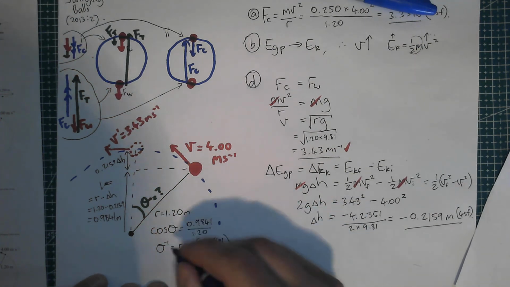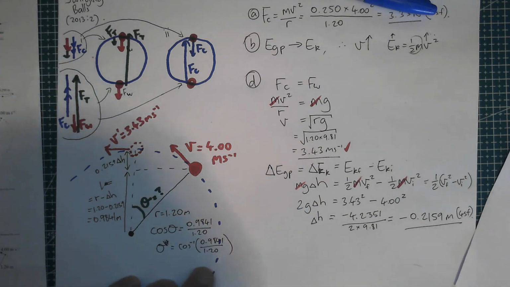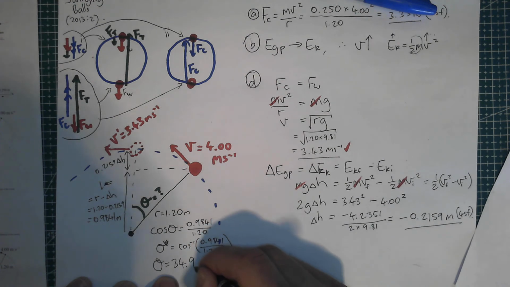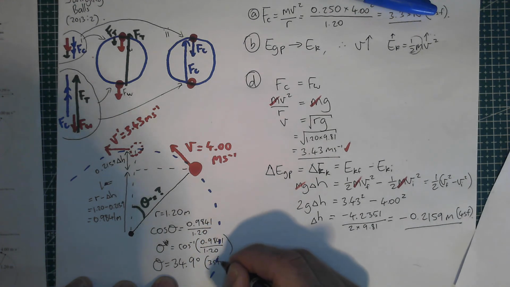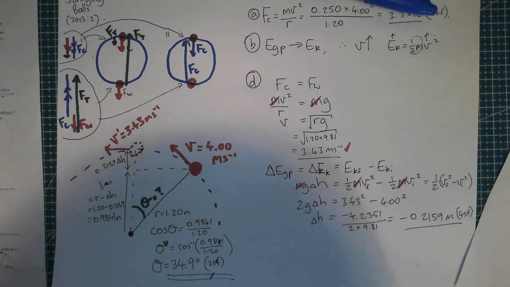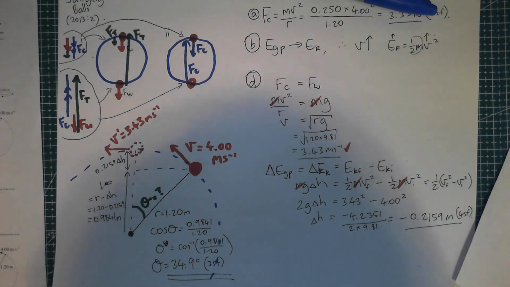If I put all this into my calculator, I come out with an angle of 34.9 degrees to 3 significant figures. Alright, and that's that problem done. Pretty challenging. Alright, hope that was helpful.